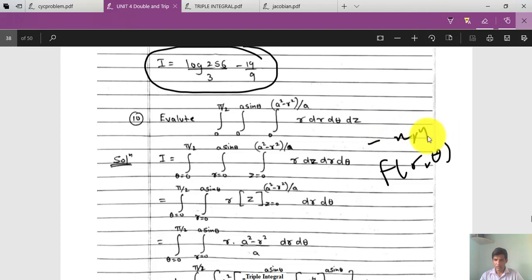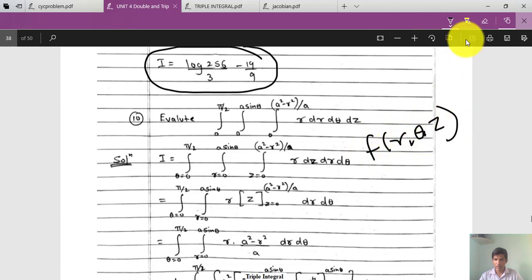Now here the given expression is in terms of r, theta and z. So any given function can be expressed as f, a function of r, theta and z, right?